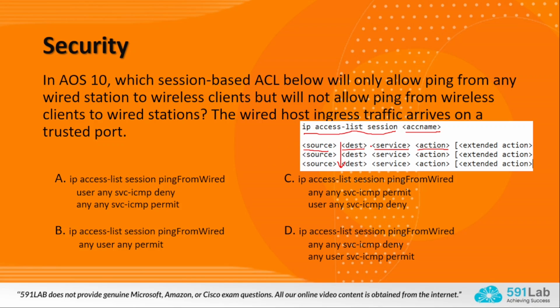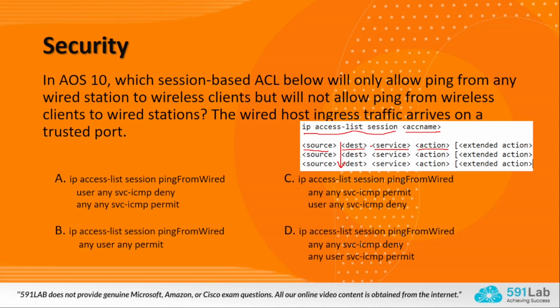We'll check the answers. Option A: ip access-list session ping-from-wired. Under rules, user any svc-icmp deny. Here user is the wireless user, that is the source. Destination is any and service is ICMP and it is denied.